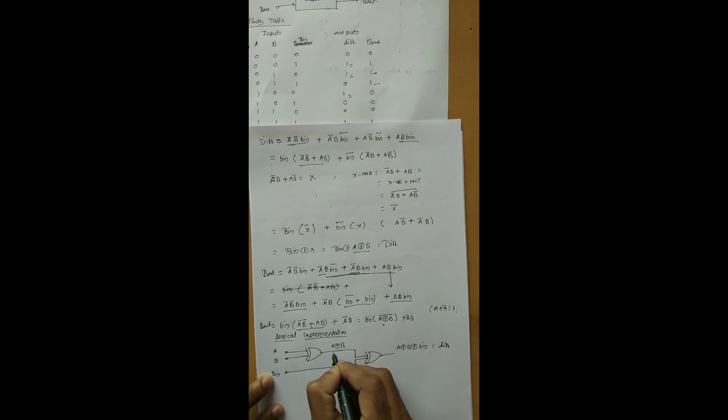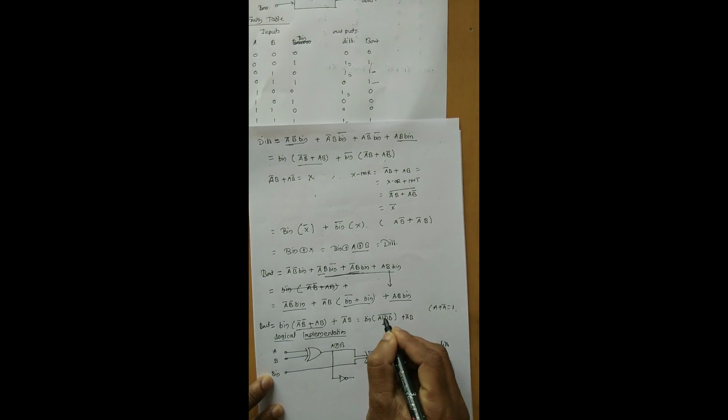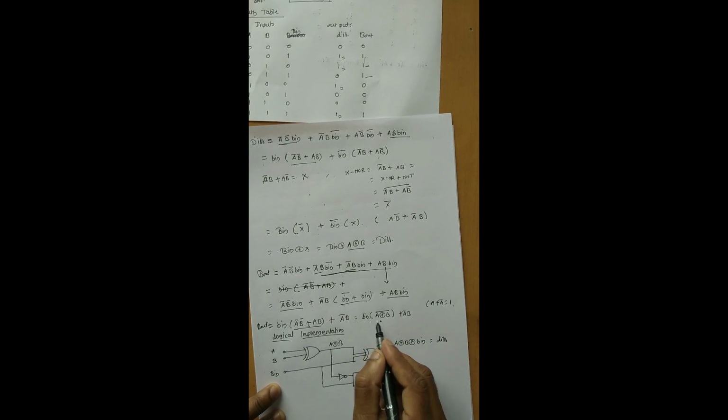So take first this input, use a NOT gate to take the complement, then we have to use the AND operation between B in and this, so use an AND gate for these combinations.